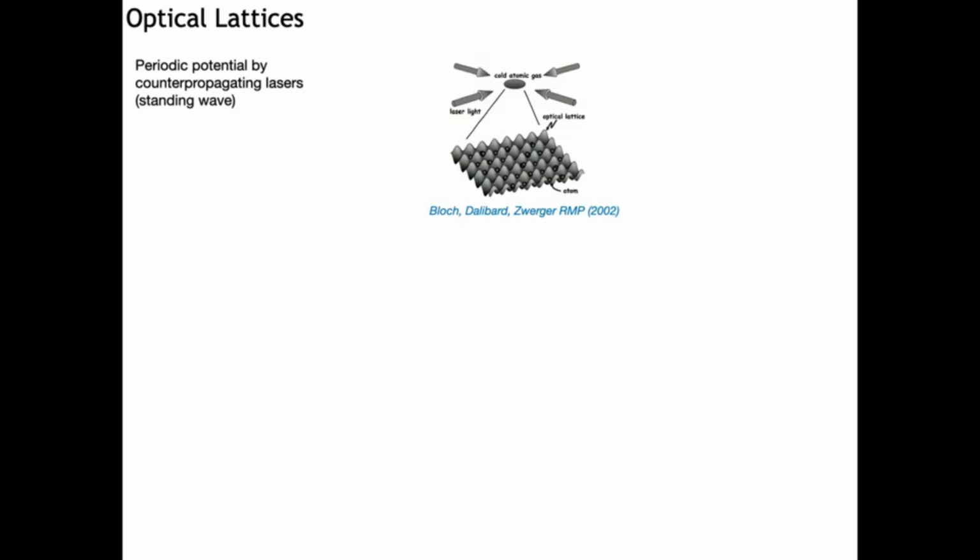In particular, if you use counter-propagating lasers, you have standing wave potentials that form a periodic potential for the atom. Effectively, what we have is particles that are moving across a potential that looks like an egg box, basically jumping across local minima that form a regular array, a regular lattice.